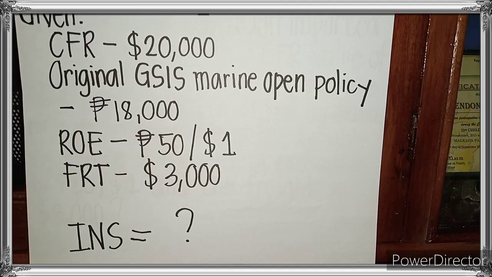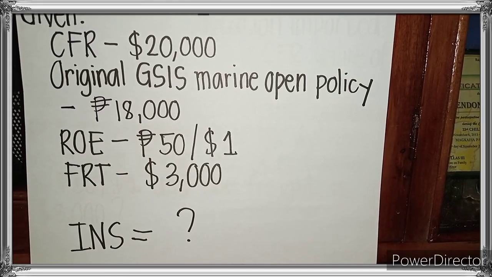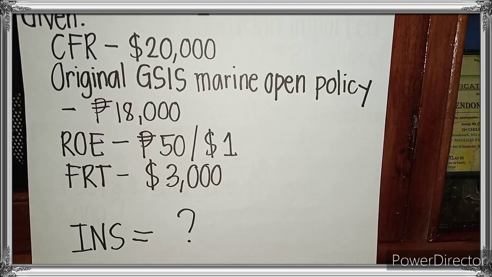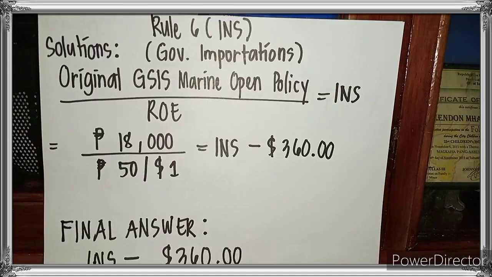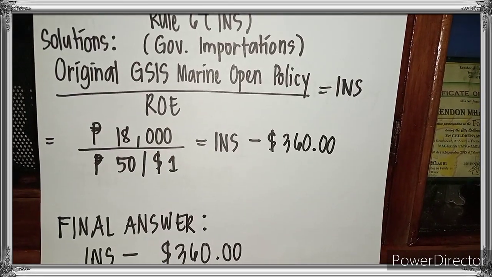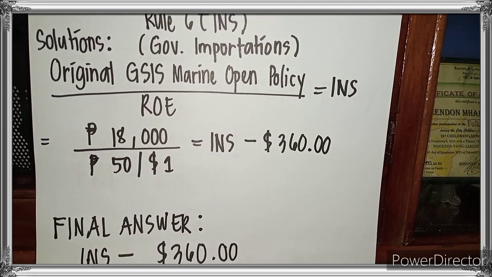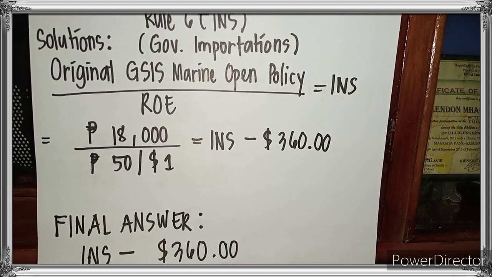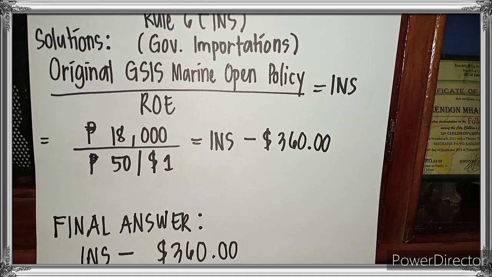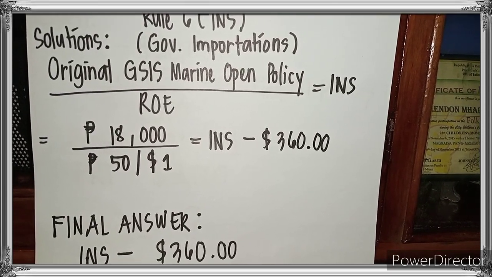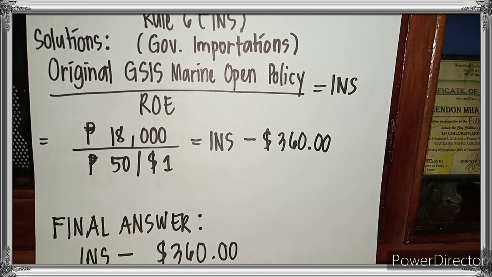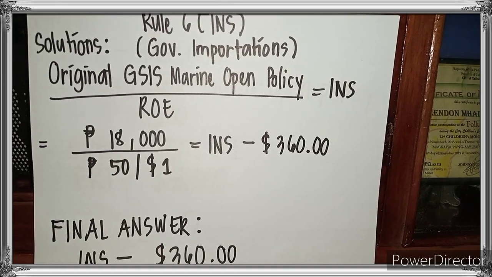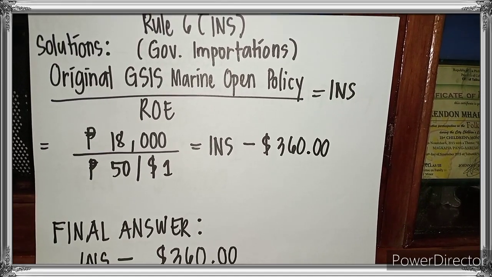The unknown here is the insurance. We need to find out what the insurance of the problem is. In order to find it, we have here the solution: original GSIS Marine Open Policy divided by the rate of exchange is equal to insurance. Why are we going to use the original GSIS Marine Open Policy?